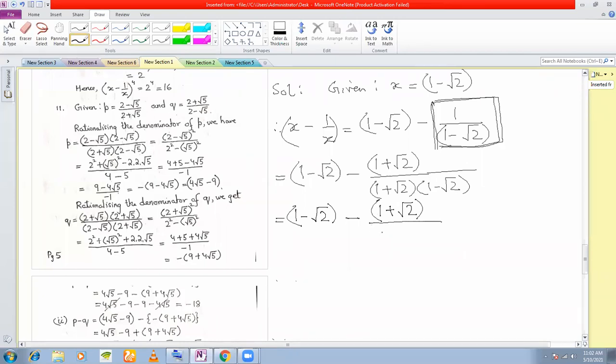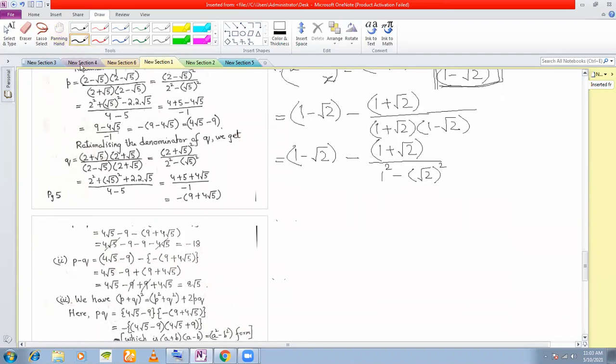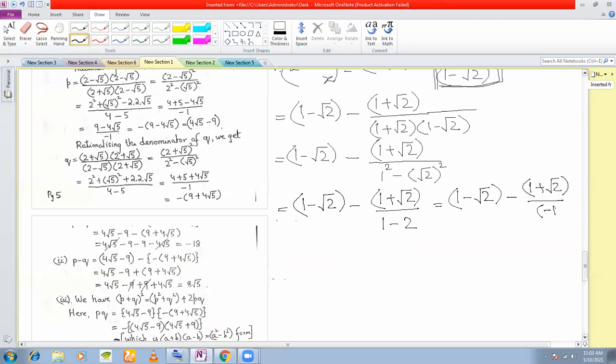So this is a plus b into a minus b, which is a square minus b square. Okay. Next, 1 minus root 2, minus the numerator as it is. And in the denominator, what we are getting here is 1 minus 2. So now we have 1 minus root 2 minus 1 plus root 2 by 1 minus 2, which is minus 1.